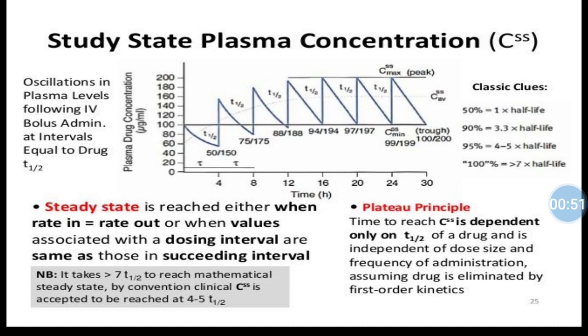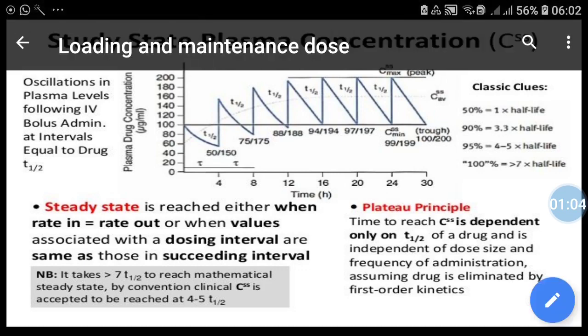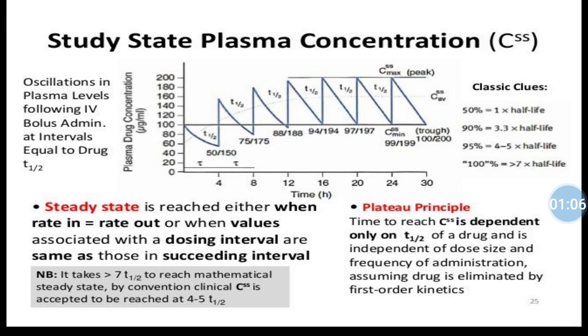So if we see at the first half-life, the concentration achieved in blood is 50% of the steady state. At around 3.3 half-lives, 90% of the steady state concentration is achieved.